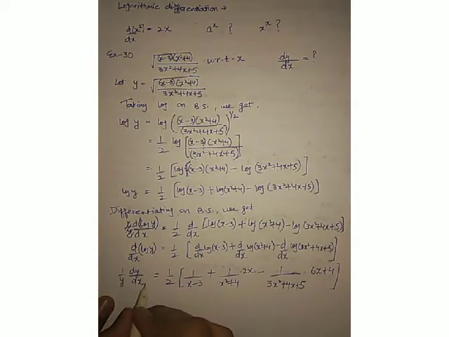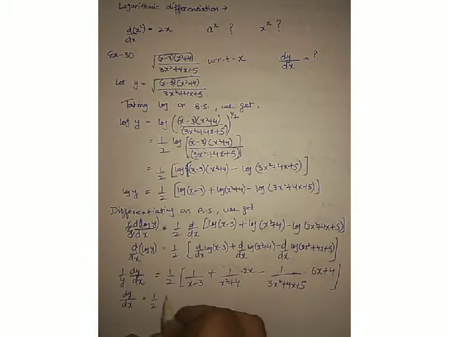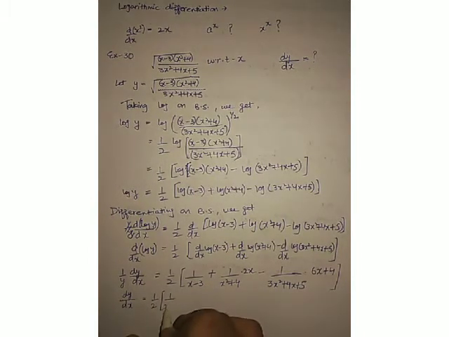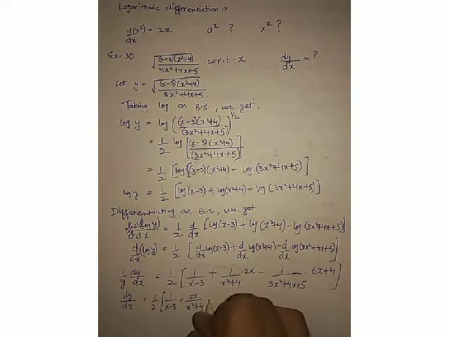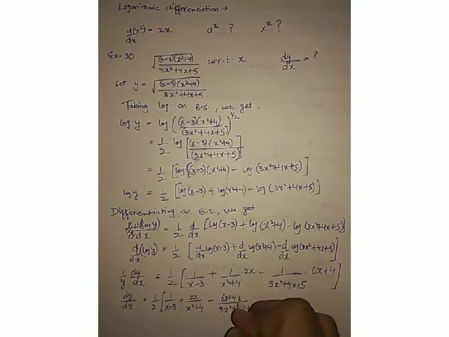Now we have to find only dy upon dx, not y. So just take dy upon dx alone on the left side and multiply y on the right hand side. We'll get 1 upon 2 as such, and 1 upon x minus 3 plus 2x upon x square plus 4 minus 6x plus 4 upon 3x square plus 4x plus 5.